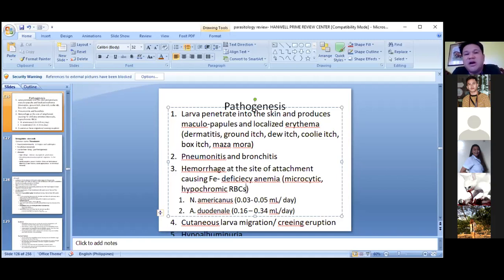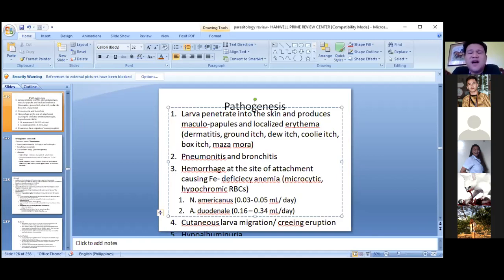Microcytic meaning they are smaller than normal. Hypochromic meaning they have a lesser concentration of hemoglobin than normal. So if a normal red blood cell is red in color, a hypochromic red blood cell would be light red or pink in color. It means hemoglobin concentration is actually low. Questions? No questions. Very good.